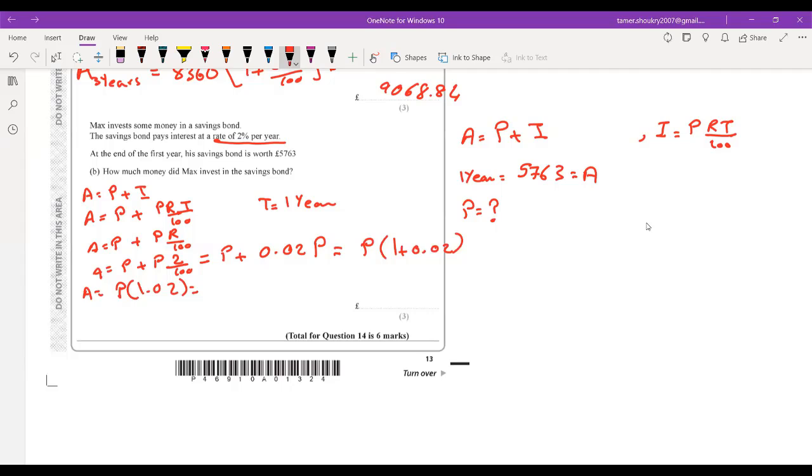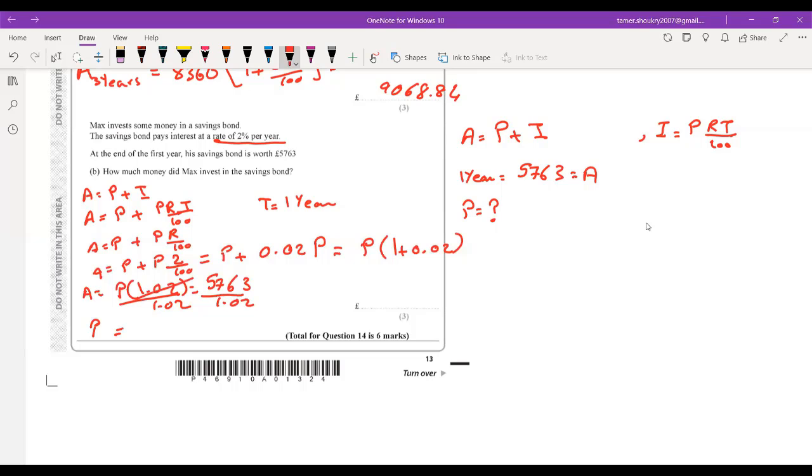Now, what is the amount? The amount after 1 year is 5,763. So he's asking about the principal. So the principal is found by dividing by 1.02 on both sides.